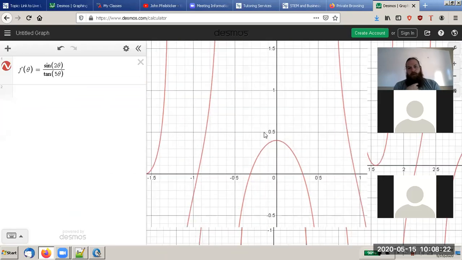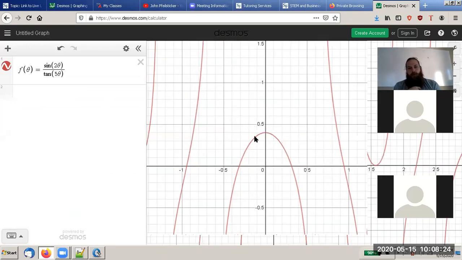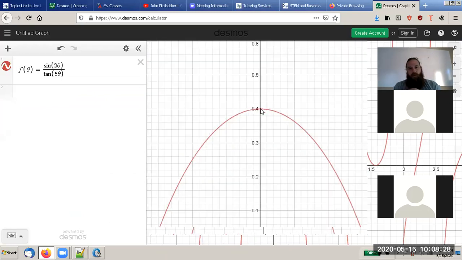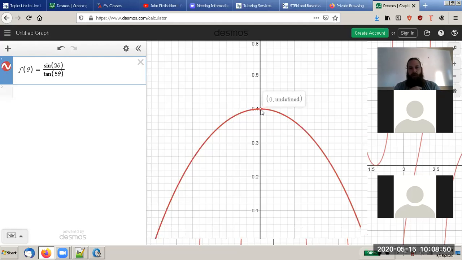So we're really just interested in what's going on near 0, that's around here. And as you get closer and closer to 0, you see that the outputs here are getting closer and closer to 0.4. If I'm walking along the graph from the left towards 0, then my height is getting very, very close to this number. If I'm walking along the graph from the right towards 0, then my height is getting, again, very, very close to this number. But at 0 itself, just like the examples we were looking at the other day, this is undefined.